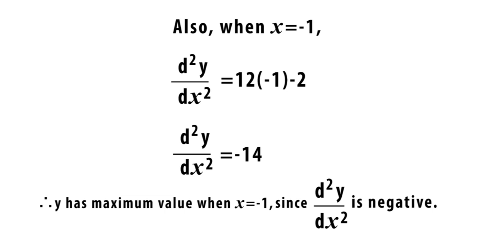The sign is negative, and so we conclude that this is a maximum point, a maximum turning point. Therefore, y has a maximum value when x is equal to negative 1, because it is negative 1 that we place in the second derivative to get a negative value. Well, I hope you understand. Good.